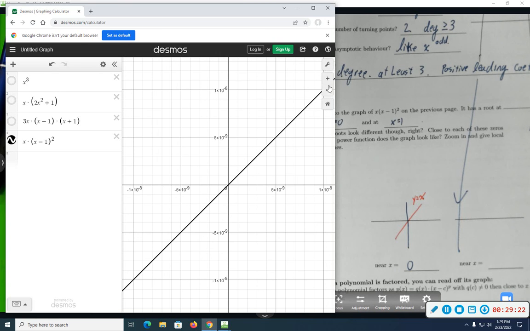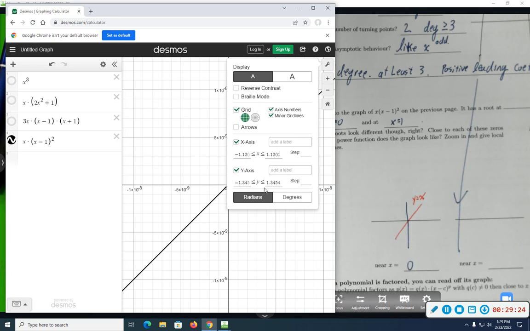Let's do the same thing near x equals 1.